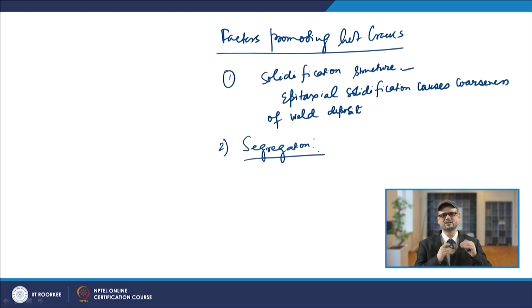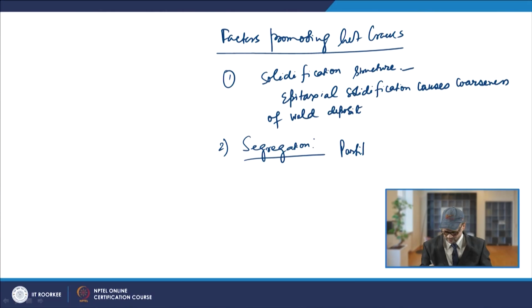Normally segregation is unavoidable in alloys, because you have partitioning of elements during the initial stages of solidification, and we define the partitioning coefficient as XS upon XL.